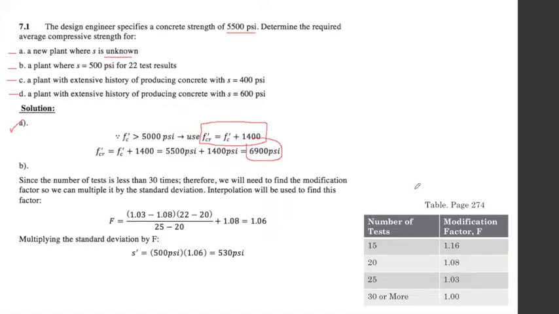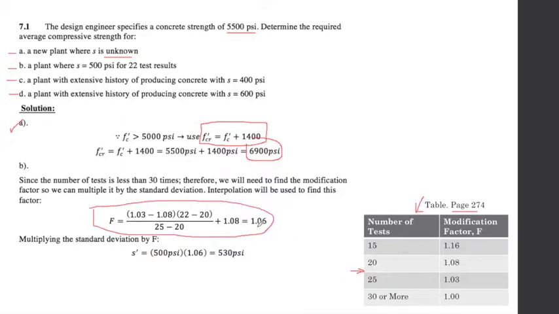In order to find the modification factor, you can use this table, which you can find in your book, page 274. To get the modification factor, we will need to use interpolation, since the number of tests lies between 20 and 25. We'll perform interpolation using this equation.